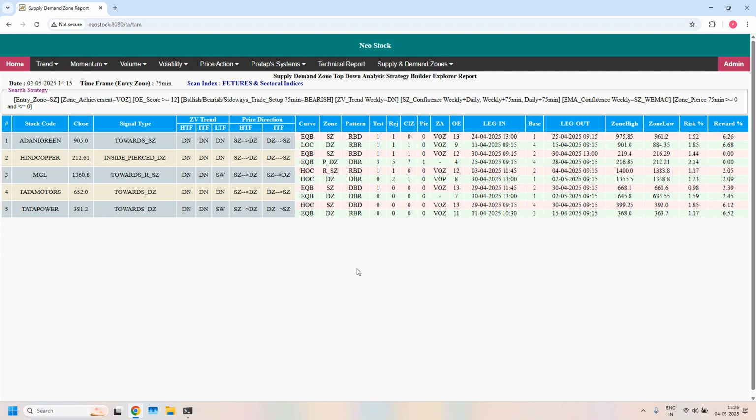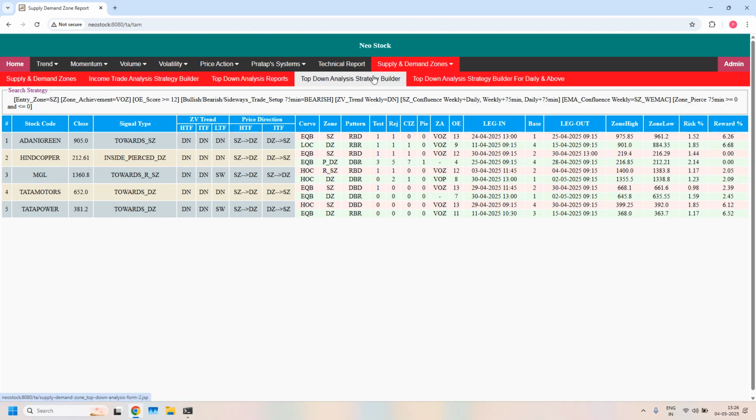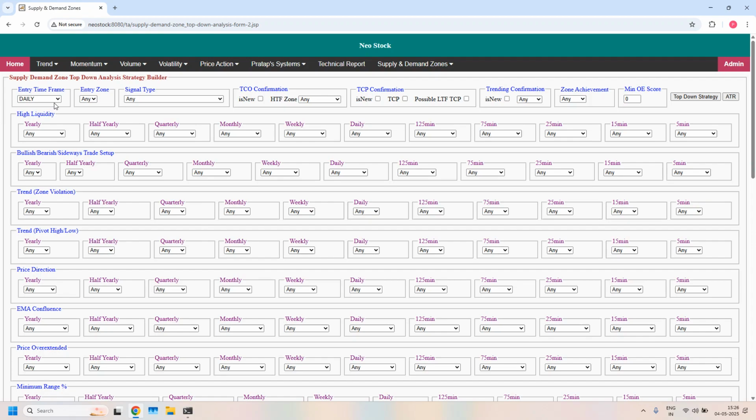Next, let us look into daily income trade. So entry time frame is 15 minutes. Entry zone, demand zone. First we will generate sideways trade setups. After that, bullish and bearish. Entry zone, demand zone.